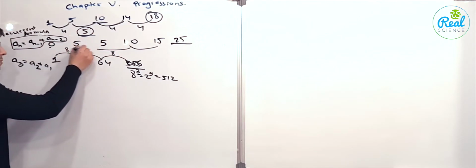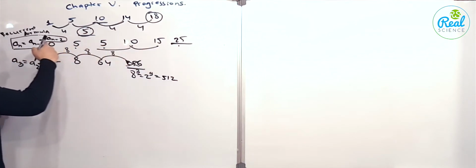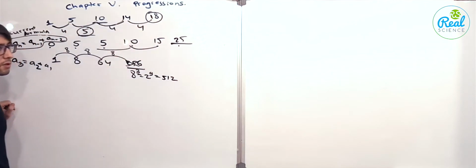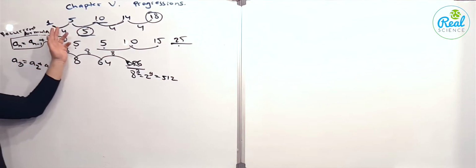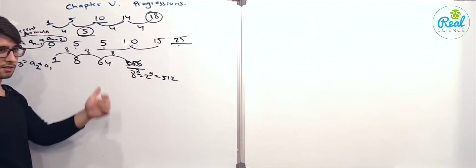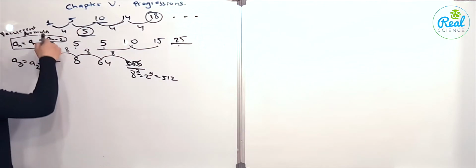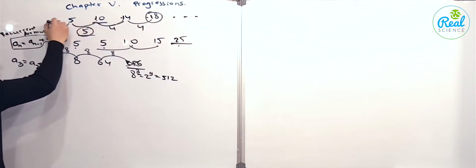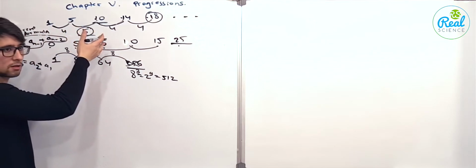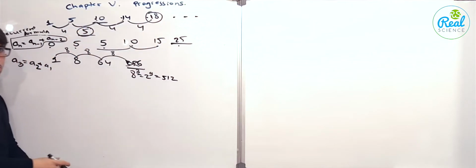You have terms within the sequence. They are called terms, okay? Here you have how many terms? 5 are defined here, but you have infinite terms, just not written. If you continue, you can project many more.